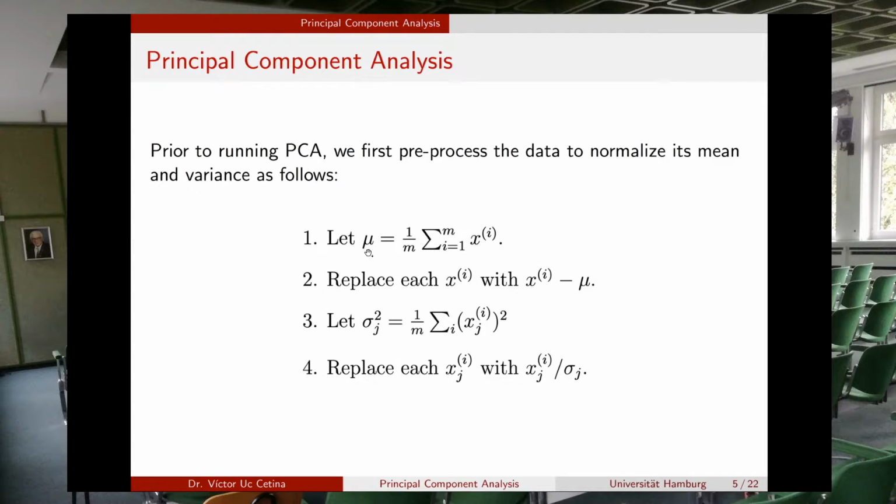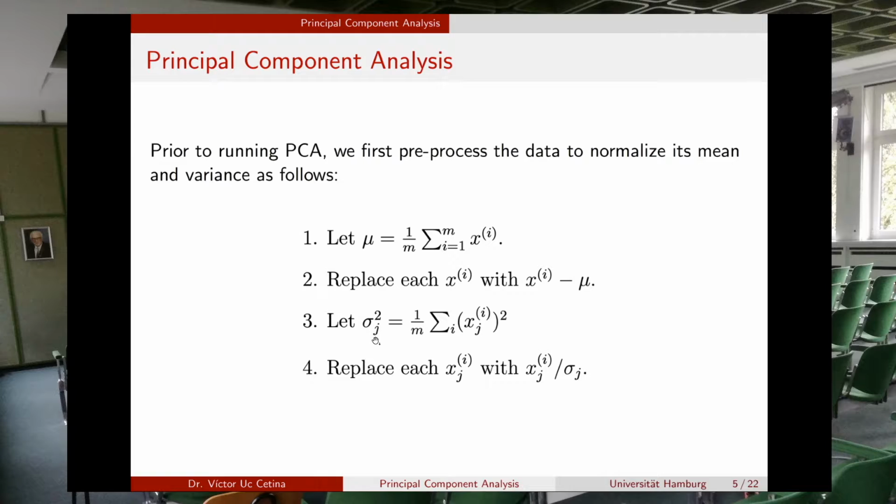Once you have computed the mean vector, you need to replace the original vectors with x minus mu. So you will subtract from each of the points in your dataset the mean vector that you calculated in the first step. And once you have done this, all your points now will be centered around 0. So if you compute again the mean vector of this dataset, the mean vector will be a vector with zeros in each of its components, each of its dimensions.